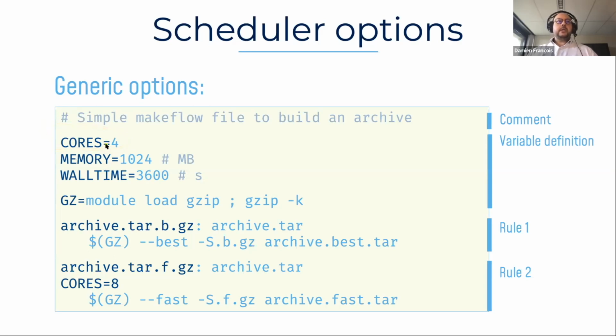You see that here, as I mentioned earlier, the variables are scoped, so I can redefine for this step only the number of cores that I want to use. And here I just specify I want 8 cores rather than the default 4.